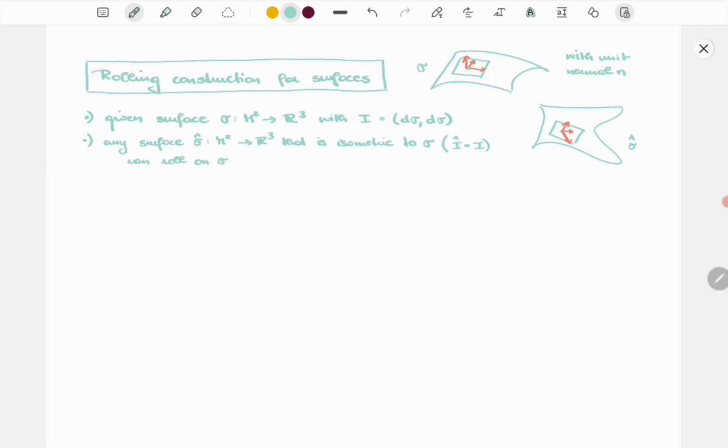If this is the case, then we get a well-defined rolling, and this is again defined by Euclidean transformations. In this case, we get a two-parameter family of Euclidean transformations.